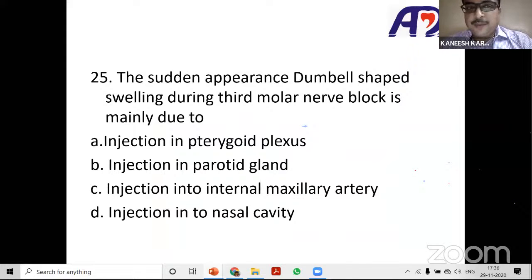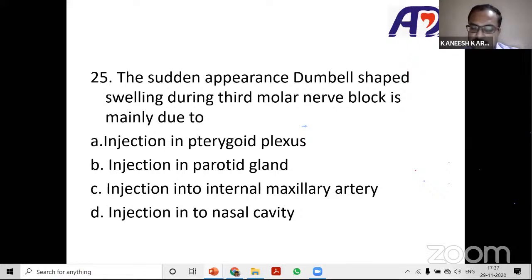Sudden appearance of dumbbell shaped swelling during third molar nerve block is mainly due to... I can see multiple responses here. Initially, we used to think that the hematoma caused by the upper third molar block, that is the posterior superior alveolar nerve block, is due to injection into the pterygoid plexus of veins.